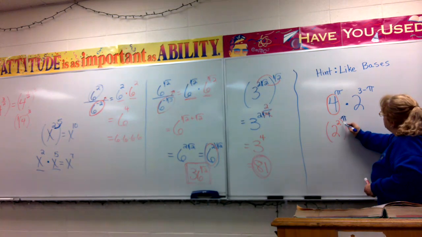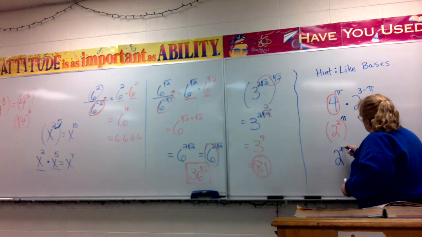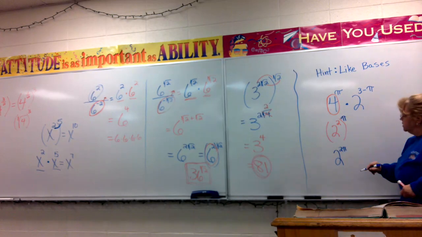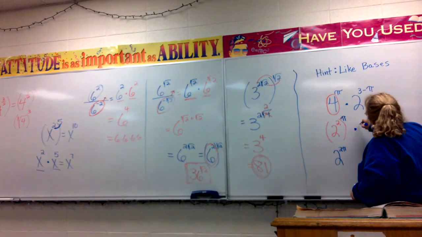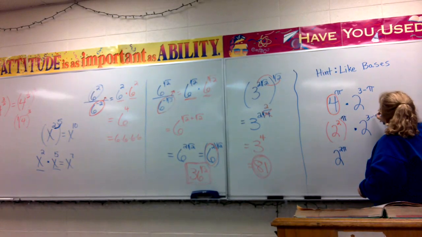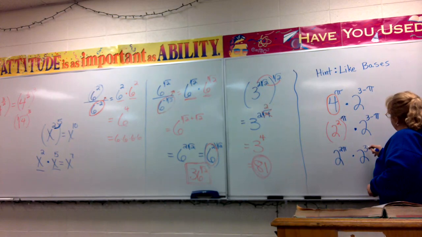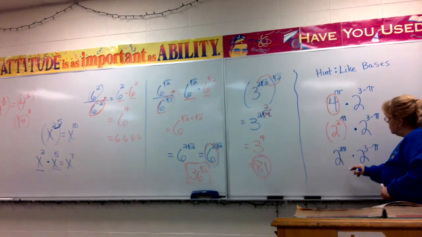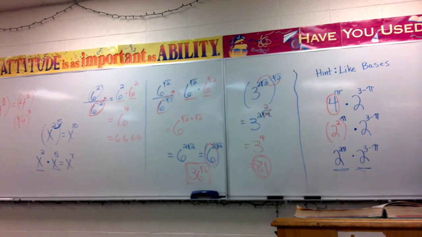What do you do with the power to a power? Yes, good. You multiply those. Very good. Then what? I've got that 3 minus pi. What do you do if you have like bases? What do you do to the exponents? Add them.